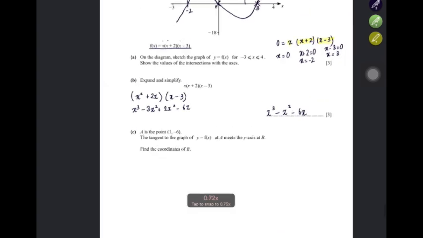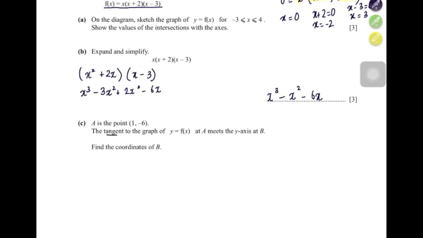To find the y point, they have given us the tangent. This is a hint that you need to find the derivative, right? So what is our equation? f of x equals x cubed minus x squared minus 6x. To find the gradient, the 3 comes down, so 3x squared, and the power becomes 2. Then minus 2x, where the 2 comes down and 2 minus 1 is 1.